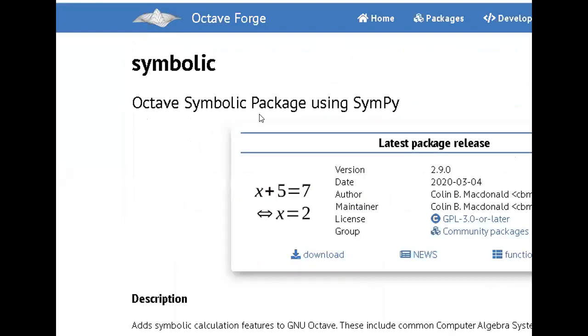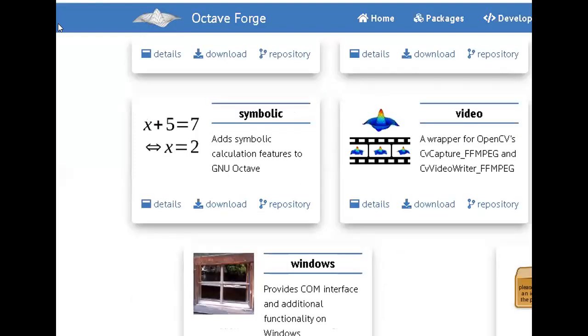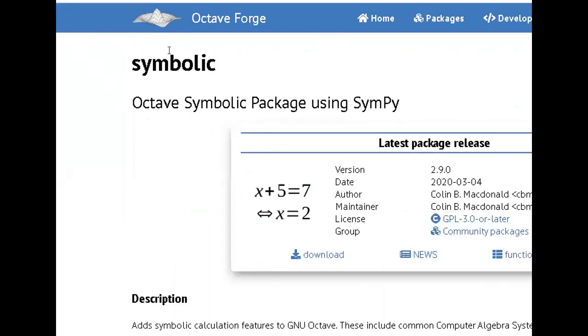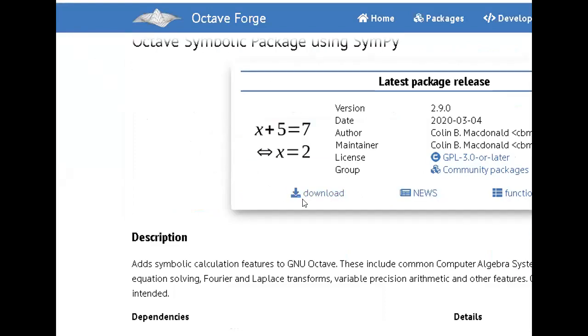So go to this one, or you can download from here. Go to Symbolic. You have to download this file, right? Just download that.